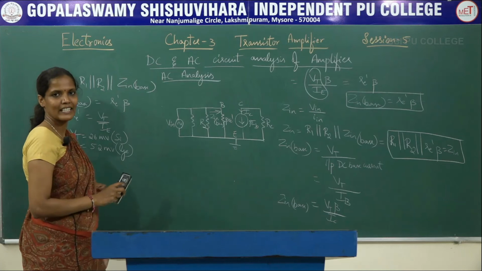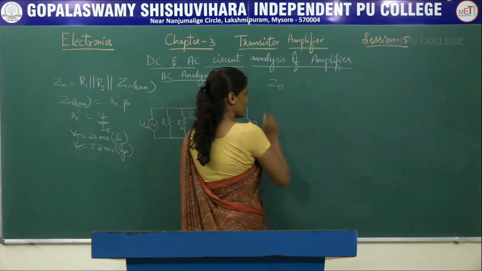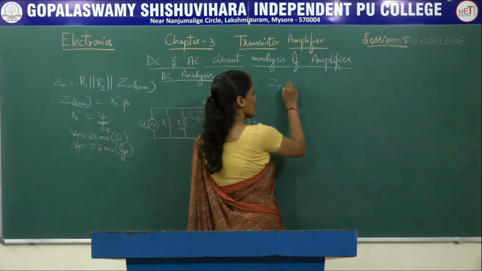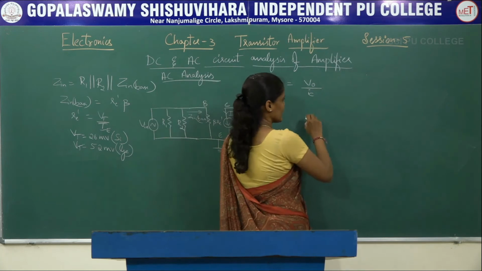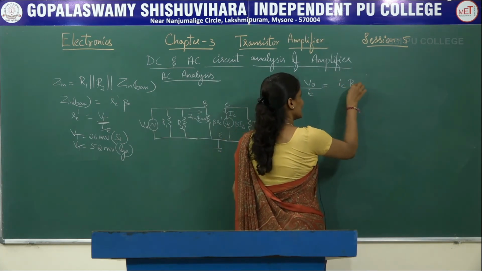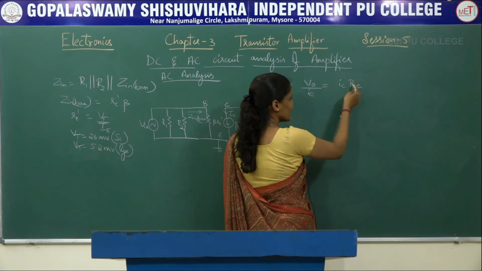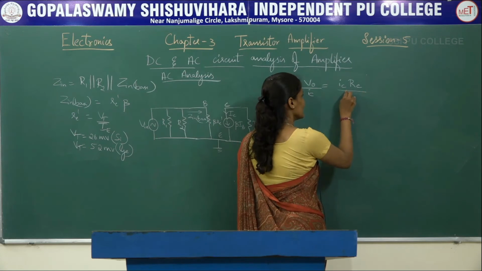Now let us calculate the output impedance. The output impedance denoted by Z0 is nothing but the ratio of output voltage divided by output current. The output voltage is nothing but the voltage measured across the resistor Rc, that is Ic into Rc, divided by Ic.